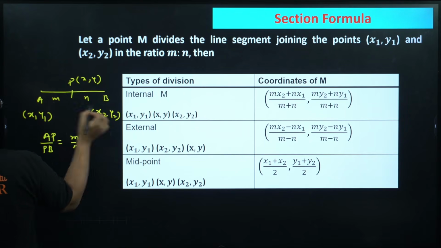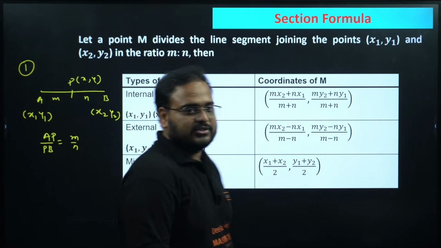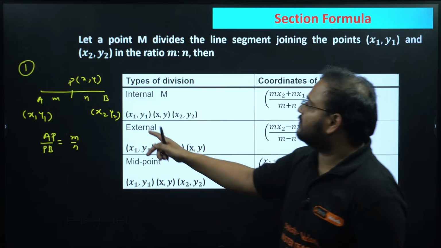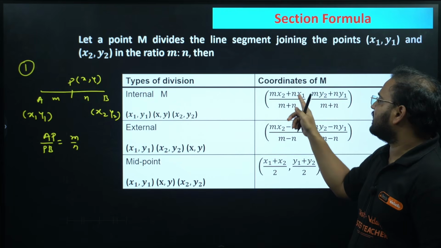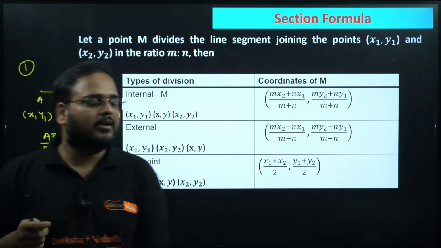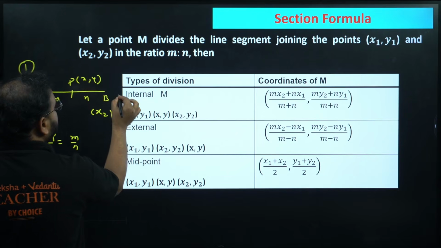This is the case of internal section. When the point lies between the 2 points, the coordinate of the point x comma y is given by x equals mx2 plus nx1 upon m plus n, and y equals my2 plus ny1 upon m plus n.